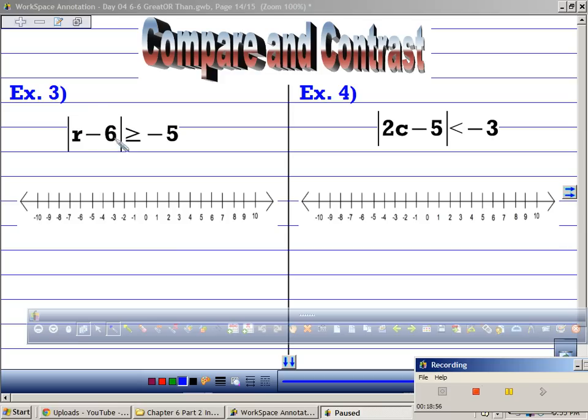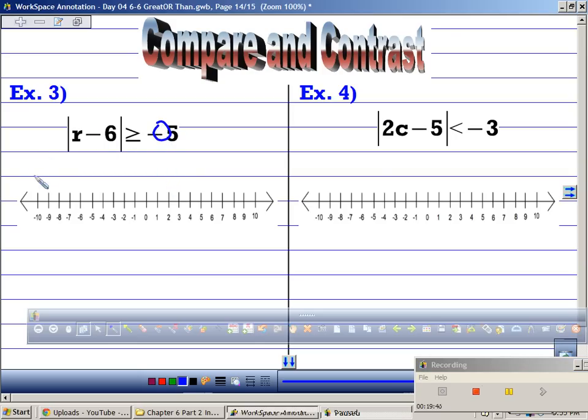But this inequality tells me that whatever the distance is, it's greater than this. Well, it has to be greater than -5 because -5 doesn't exist. The distance can't be negative. So in this case, the distance between r and 6 would be greater than, well, if this is not possible, it would be greater than 0.